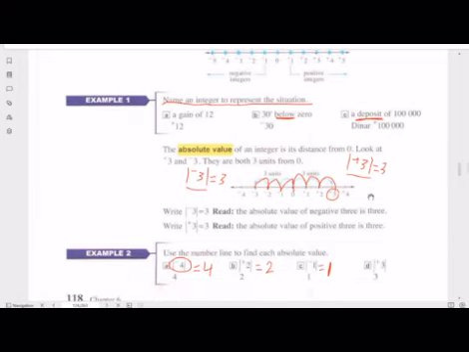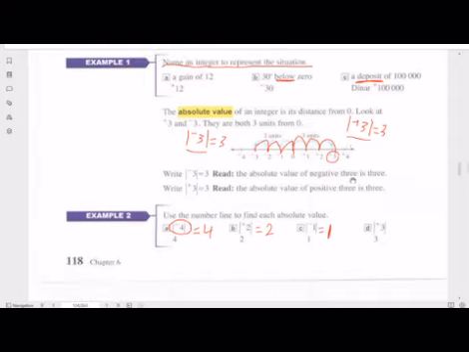And how to write an integer to represent a situation? There's a keyword in the situation, telling us positive or negative. Let's say below means negative. And the absolute value is the distance, how many units from 0. The distance between two numbers cannot be negative. Okay, it's like that.